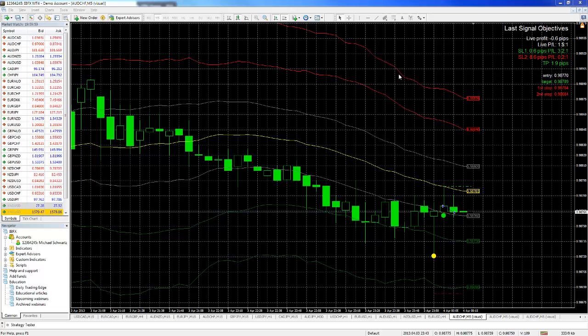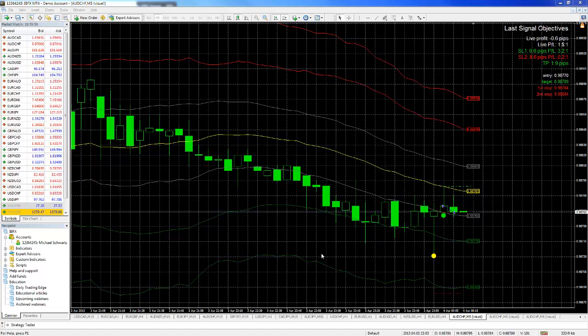That's an indication that the market should, in some time, turn and reverse, and when it reverses, we believe that it'll head towards the mean or the average, the middle of these waves.